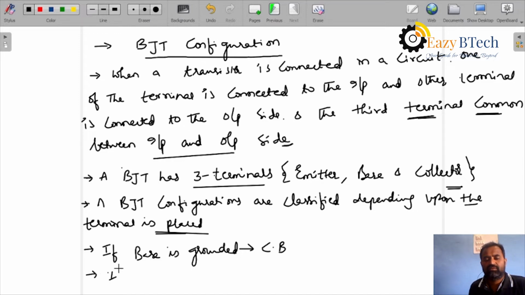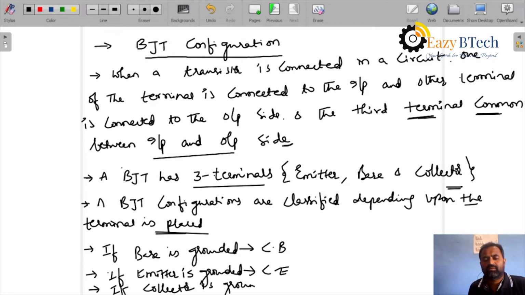If the emitter is grounded, it is common emitter. If the collector is grounded, then it is known as common collector. These configurations are classified depending upon the common terminal between input and output. Depending upon which terminal is common between input and output, the configuration is classified in this manner.